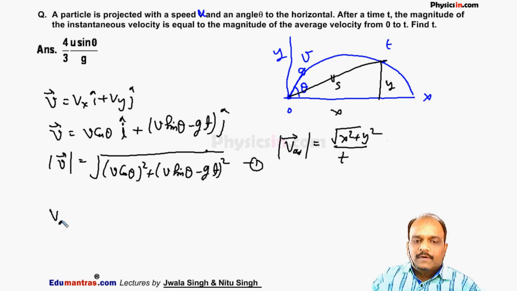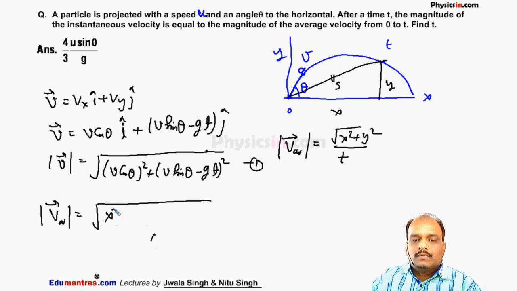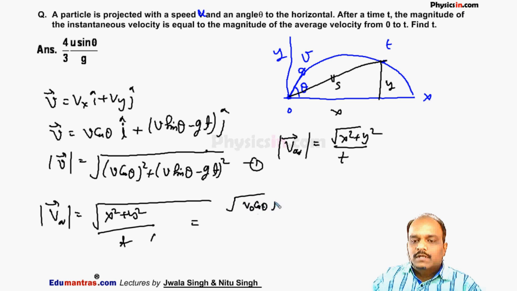So we can say the magnitude of average velocity is equal to root over x square plus y square divided by t, which is equal to root over x means V naught cos theta into t whole square, whereas y means V naught sin theta into t minus 1 by 2 g into t square, whole square, divided by t.